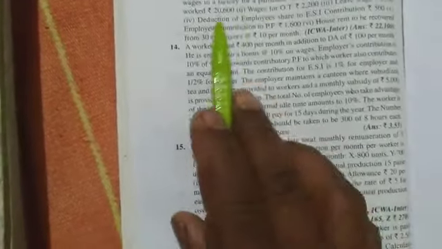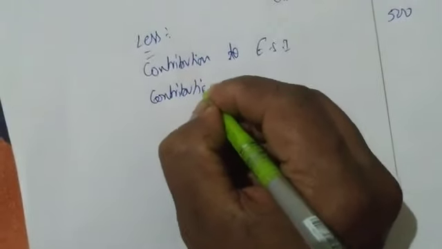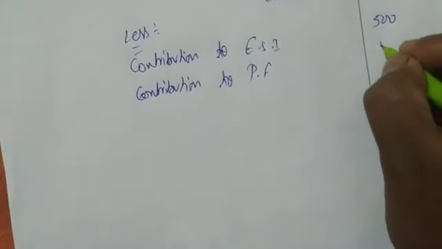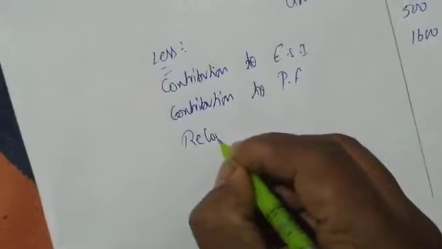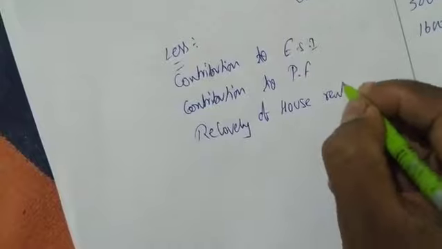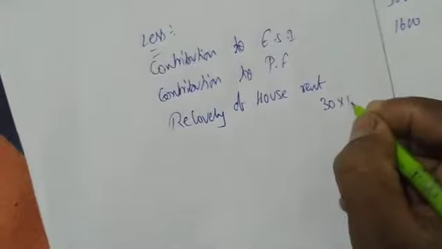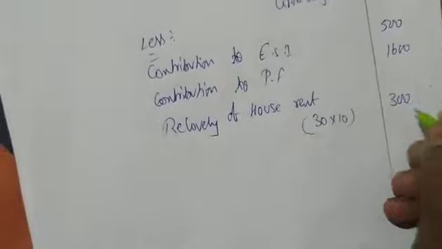Employee's contribution to provident fund, 1,600. Next is house rent to be recovered. Recovery of house rent: for 30 employees at 10 rupees per month, 30 into 10 is 300 rupees recovered from employees.